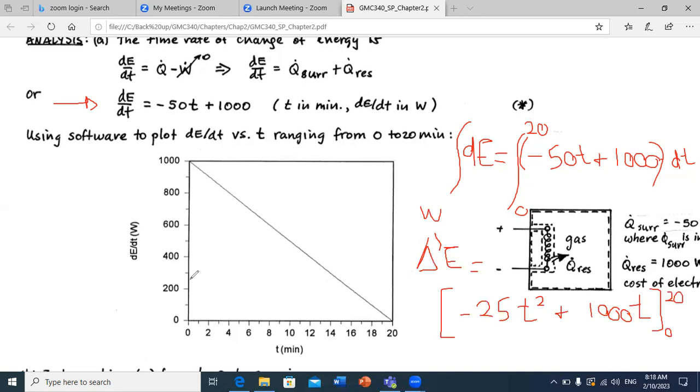Now, what is the second method? What can we do? What is the second method to find delta E? You can use the graphical method. Okay, in the graphical method, delta E will represent the area.